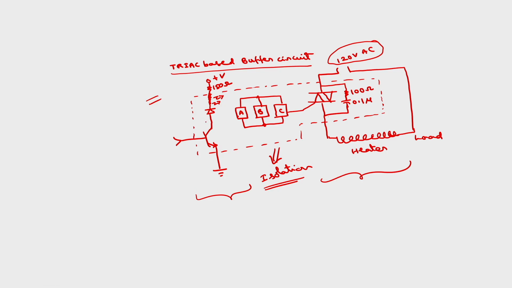This transistor part from here to here is connected to the microprocessor, and this part is connected to the high power device. There is no connection here at all. Now how will the coupling take place here? Through this LED. Whenever I apply a signal from the output port of 8255 and this LED glows, A will act as a photo transistor.